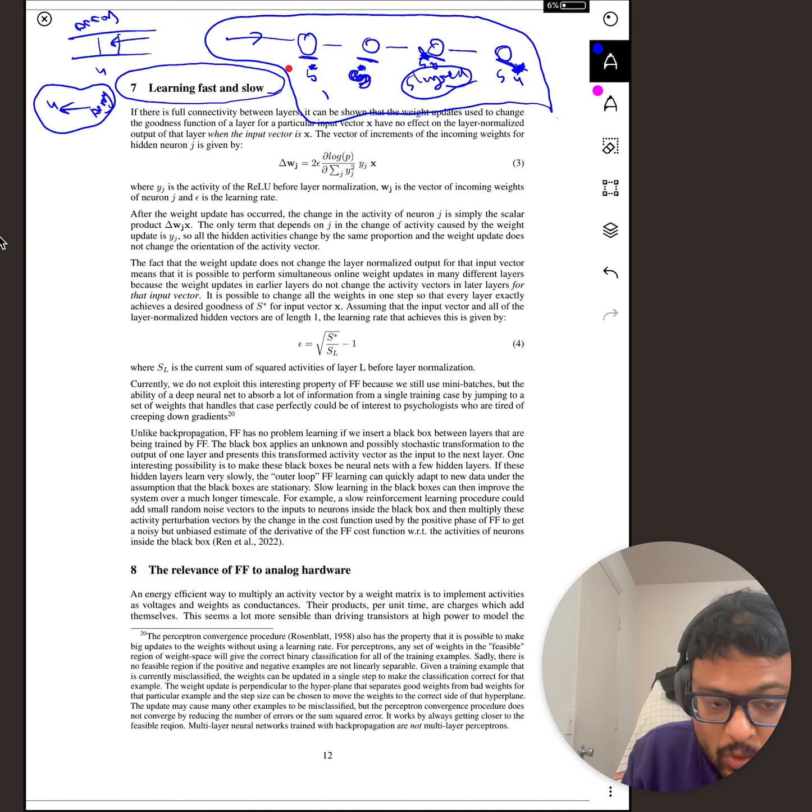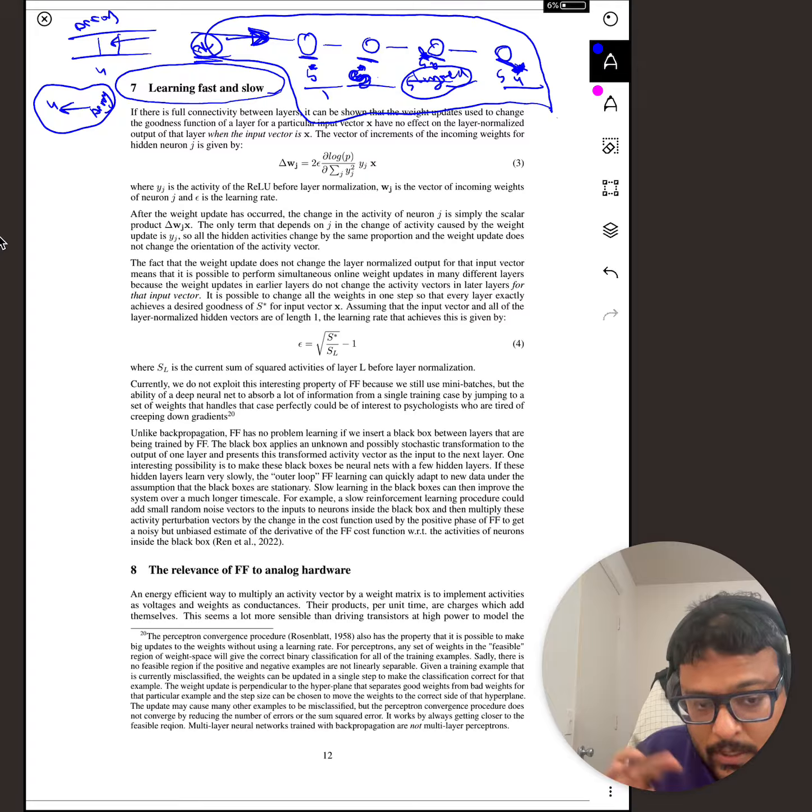And that is what Hinton is saying: when you're feeding in data, you're only feeding in one sample, and you know the exact amount of goodness each layer should possess. Then there should be a weight update possible which allows you to update this whole neural network in a single forward pass, without any learning.